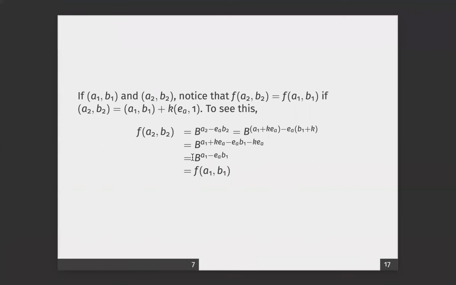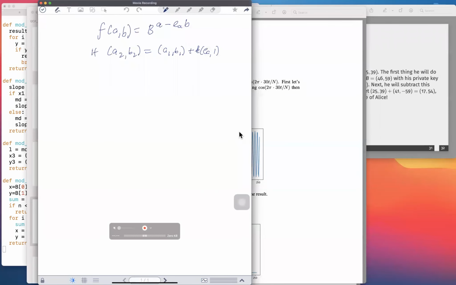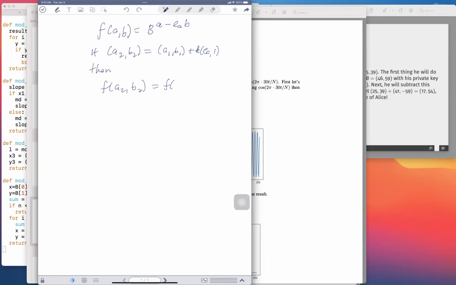plus K EA, 1, then f of A2, B2 is equal to f of A1, B1. How do you show that? You show that by doing this. f of A2, B2 is equal to, according to this one here, B raised to the A2 minus EA B2.